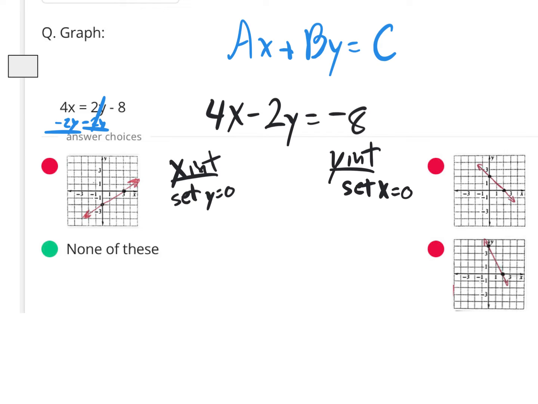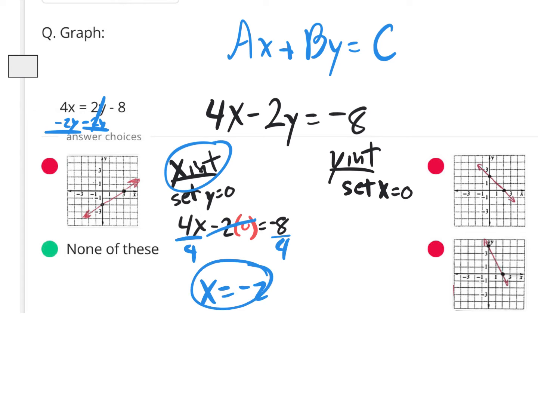So that's going to be 4x minus 2 times 0 equals negative 8, right? And obviously the negative 2 times 0, that's 0, it eliminates. So you really have the 4x equals negative 8. And you could divide both sides by 4, right? Dividing by 4, dividing by 4. That'll give you x equals negative 2. So your x-intercept is at negative 2.